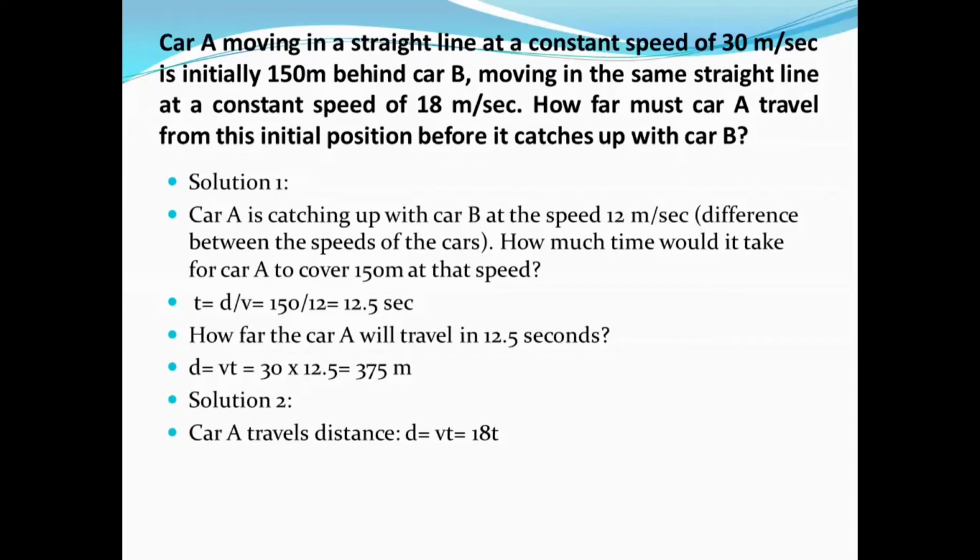Then car A travels a distance of d plus 150, which is equal to 30 into t. So from this we can get d as 30t minus 150.